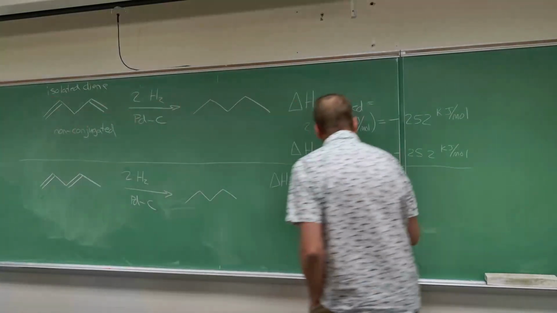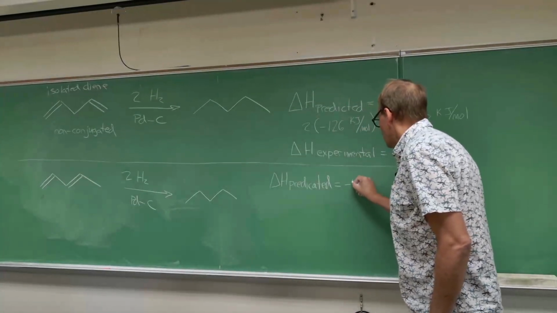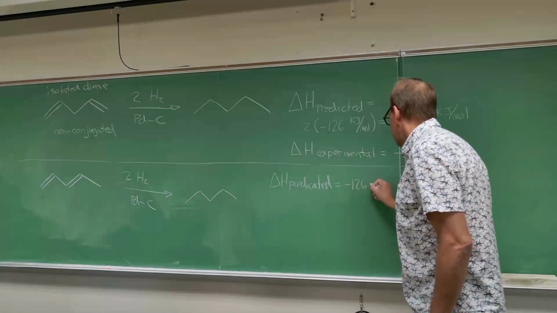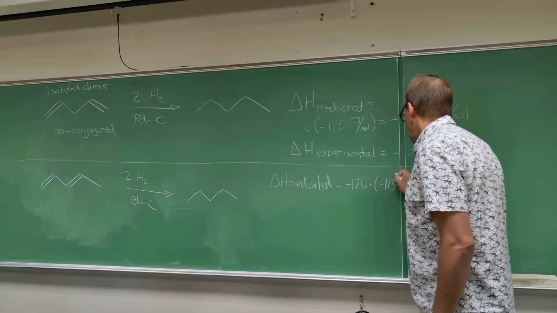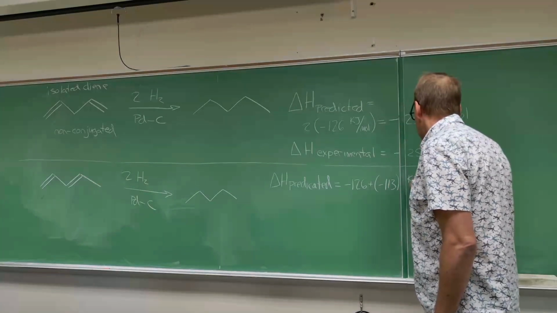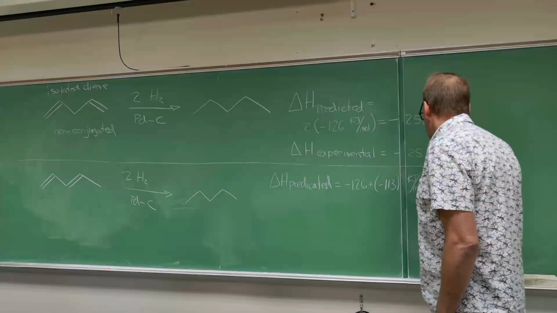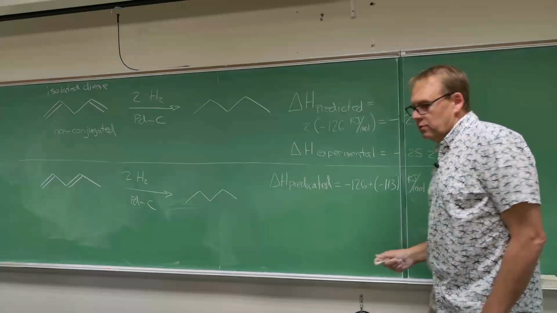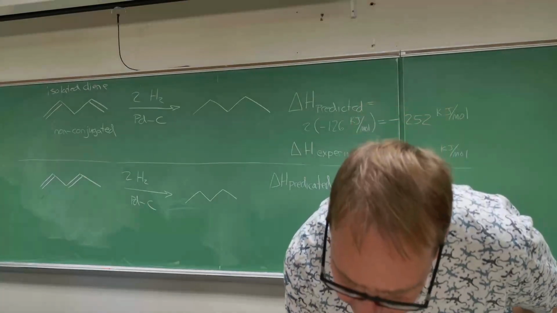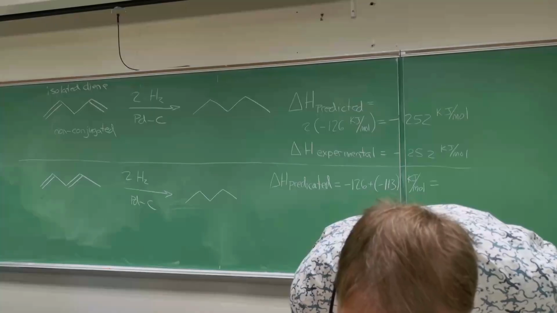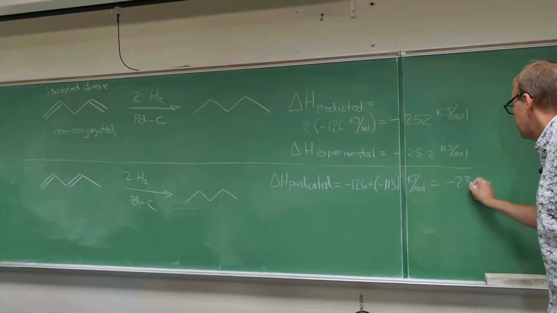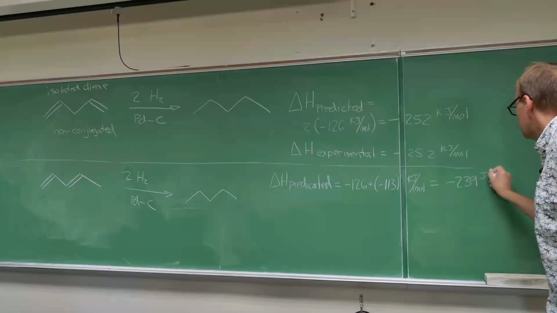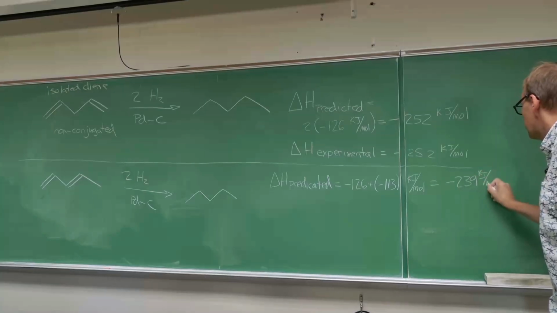So what you predict is minus 126 plus minus 113 kilojoules per mole, and that's equal to, let's see what we get for that, minus 239. Minus 239 kilojoules per mole.